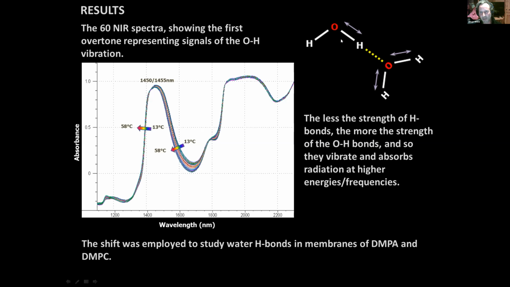That means that we need more energy to capture the vibration of this covalent bond. As the hydrogen bond is weakened, the covalent bond becomes stronger. So this is what we expect. And this is the shift we employ to study the water and its hydrogen bonds around the polar head of the membrane, around or inside.